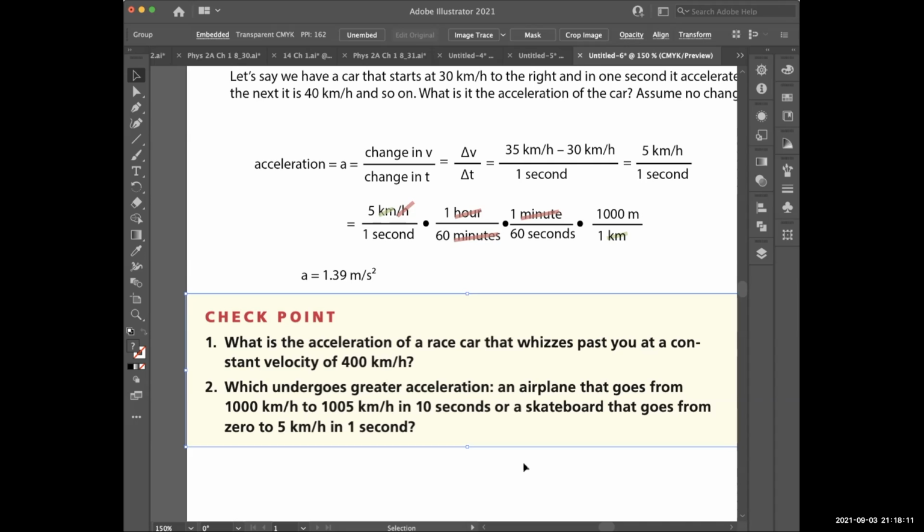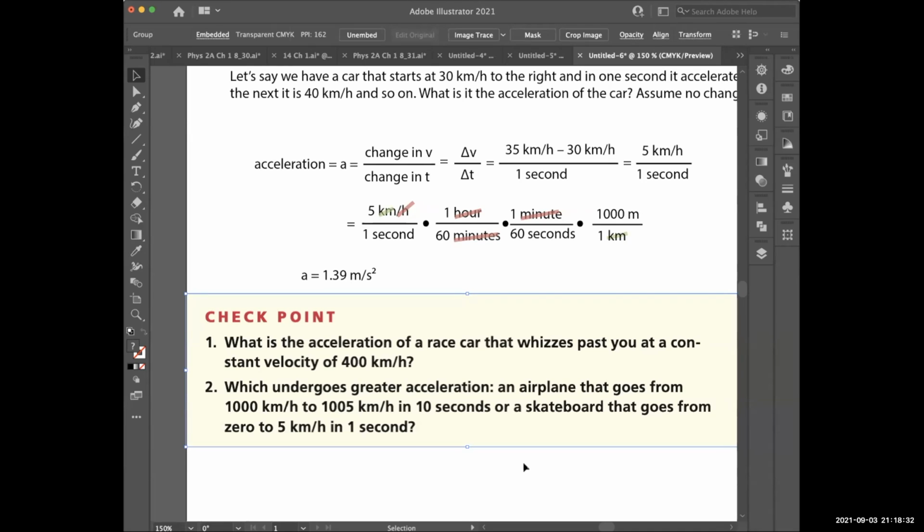Zero. Why, Addy? Because it doesn't indicate a change and it's moving at a constant velocity. Exactly. So it's 0.